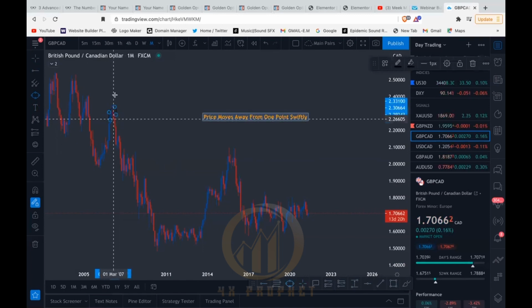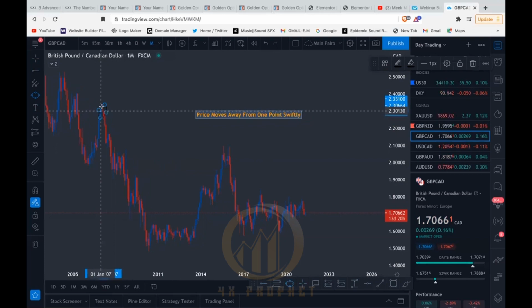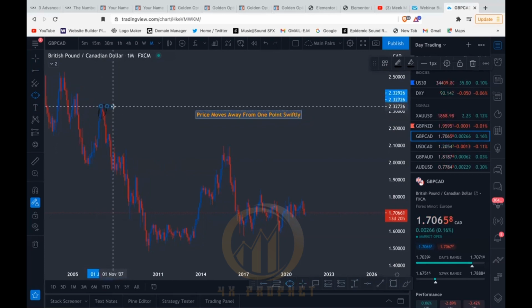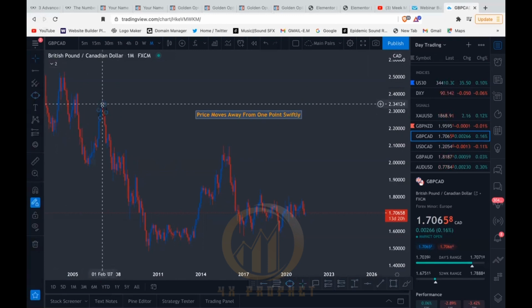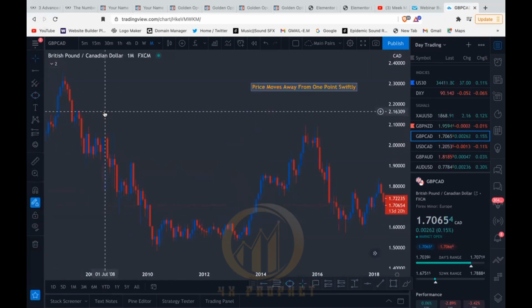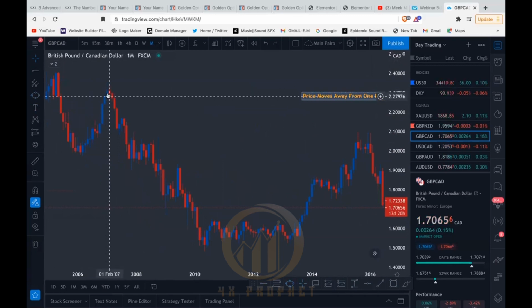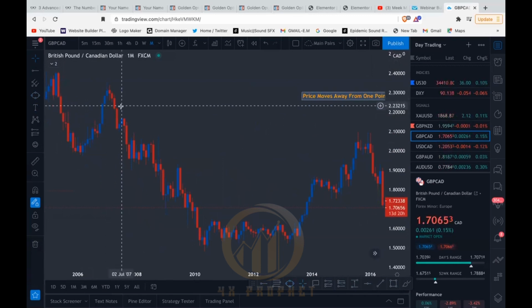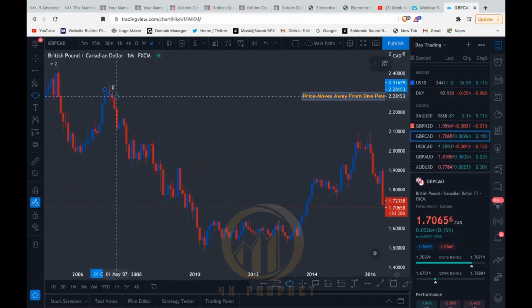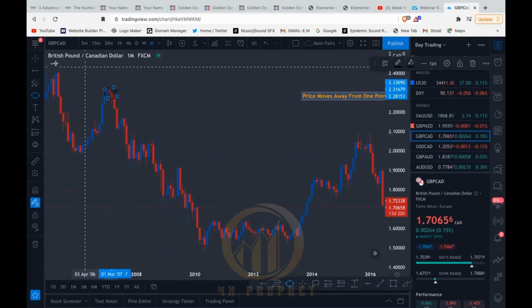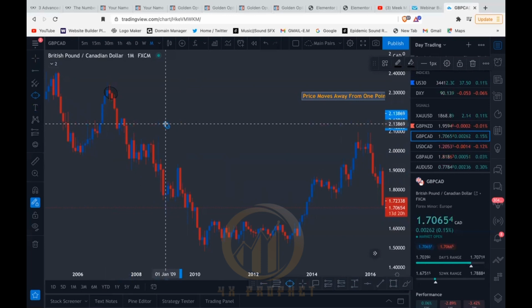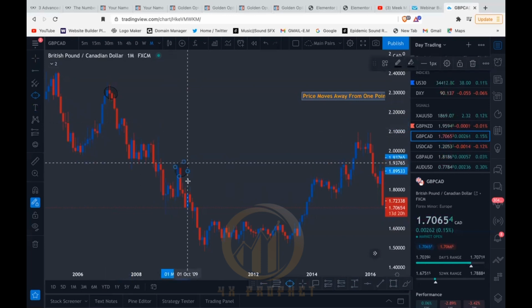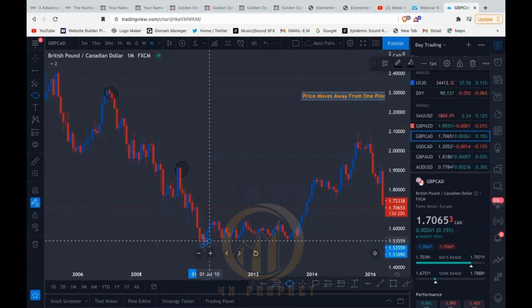The bearish order block right here would be this bullish candle right here, right? Boom. Over right here again.